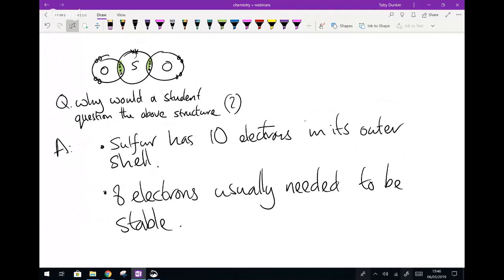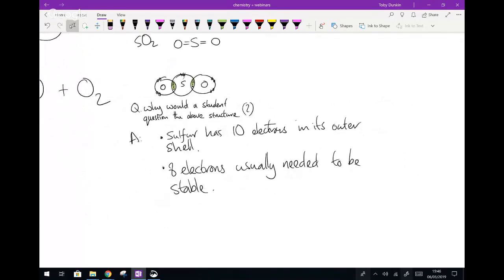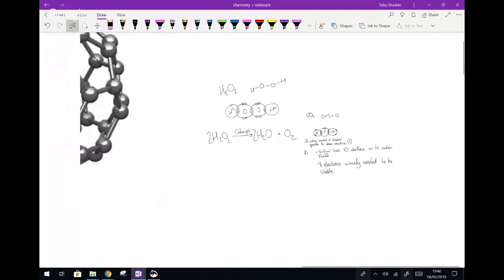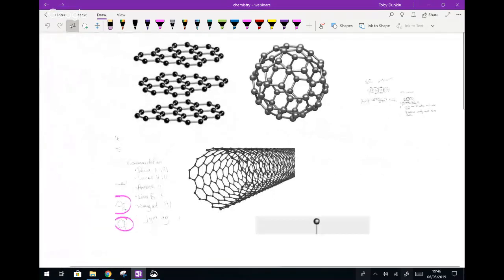Because there's 10, and you're expecting 8. It's only ever come up once, and it's nice to go that little bit of an extra mile to see that things are not done yet. Everything's going to continue to add another layer as we go on. So lovely to have sulfur dioxide make an appearance.